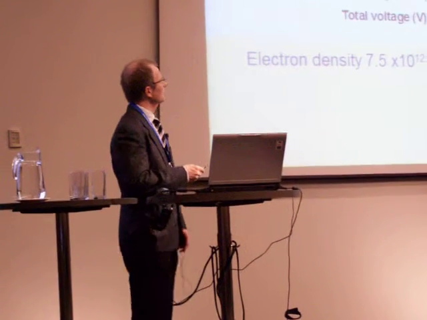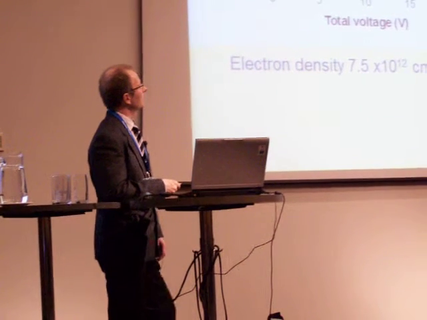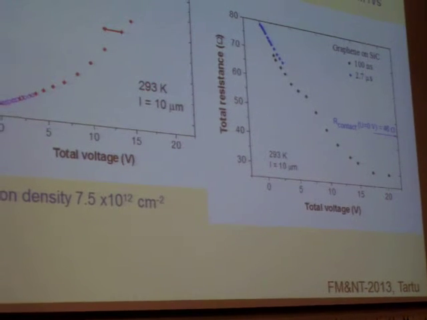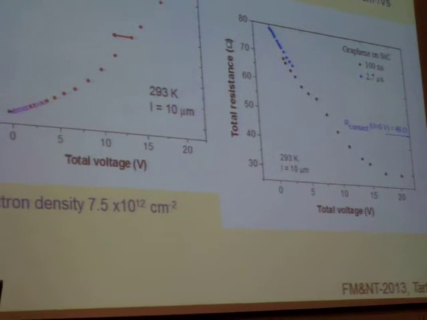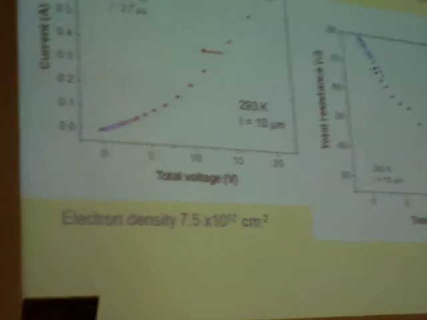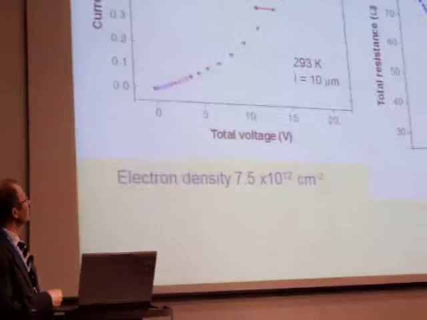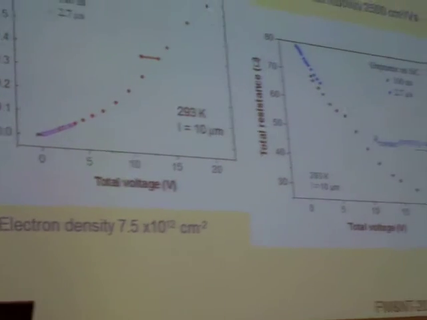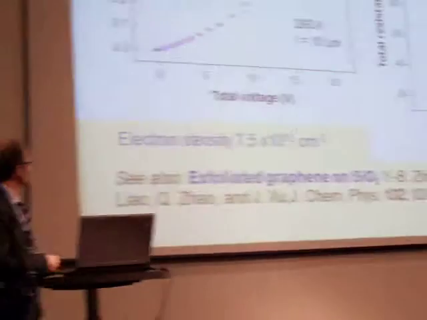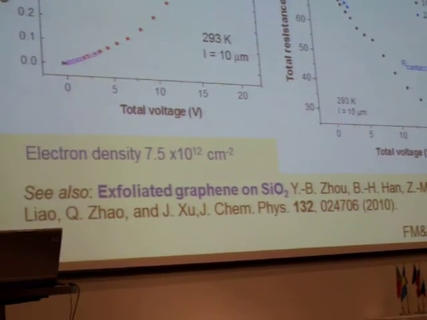Since the total resistance is the sum of the graphene layer metal contact resistance and the graphene channel resistance, we concluded that the contact resistance decreased with applied voltage, and this led to the superlinear current voltage dependence. Similar characteristics were observed by Chu in exfoliated graphene with gold pads.